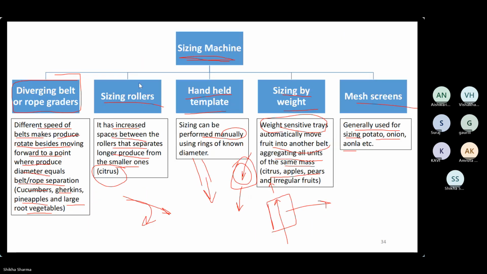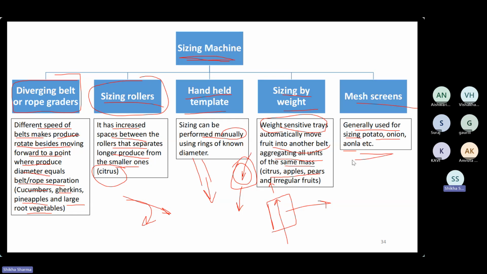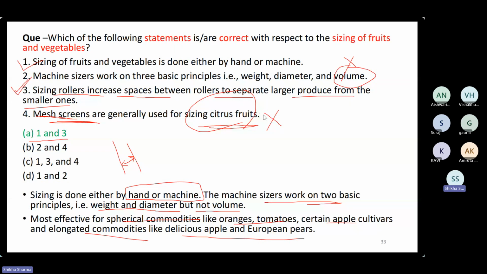From this, we can say that sizing rollers have rolls, and based on the distance between these two rollers, the separation happens from large to small products. So 3 is a correct answer. Whereas mesh screens are not for citrus fruits. They are for potatoes, onions, and amla. So the fourth option is incorrect.